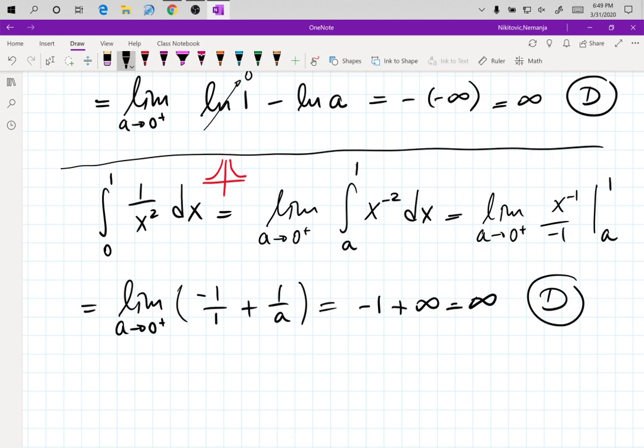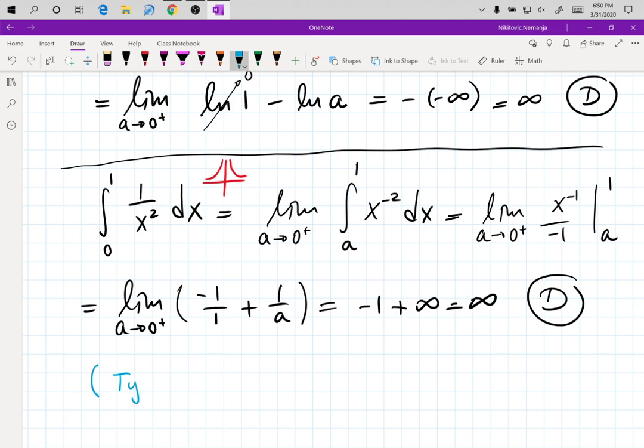If you do this from 1 to infinity, 1 over x squared, so type 1, that one is going to converge. Sorry, I messed it up. So this one still diverges, right? And the type 1, since I hyped it up, I just now have to write.